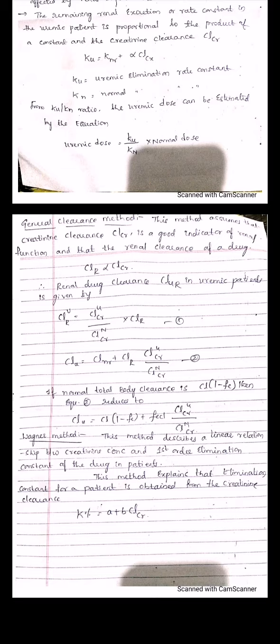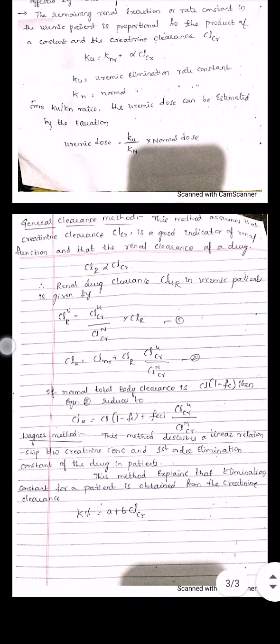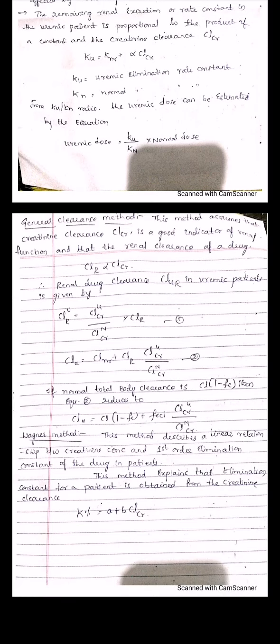So CLU is equal to CLNR plus CLR, CLCRU by CLCRN. If the normal total body clearance is CL, then with the non-renal part as 1 minus FE, we substitute the CLU value, and the equation becomes CL into 1 minus FE plus FE CL into CLCRU by CLCRN. This equation represents the general clearance method.